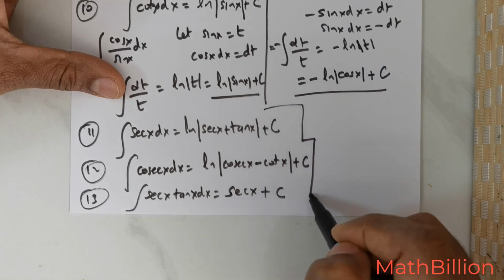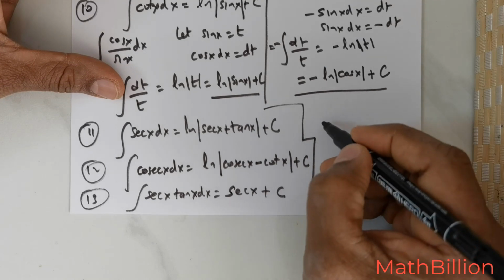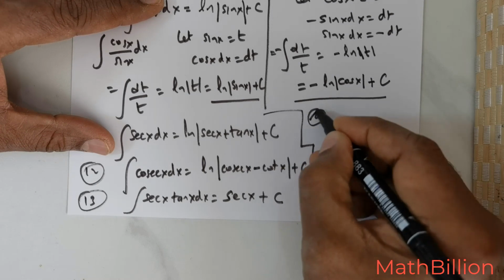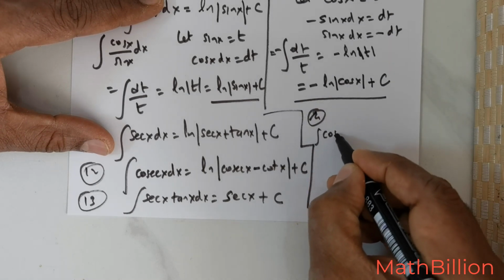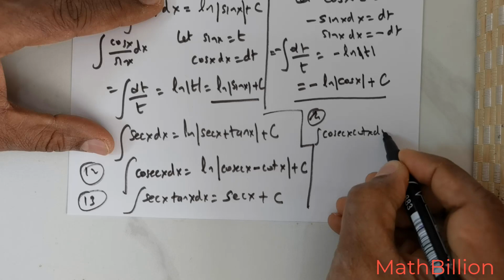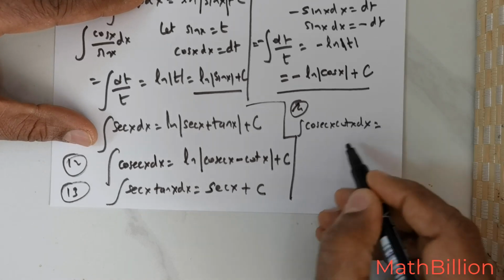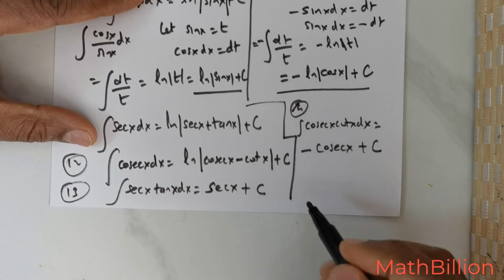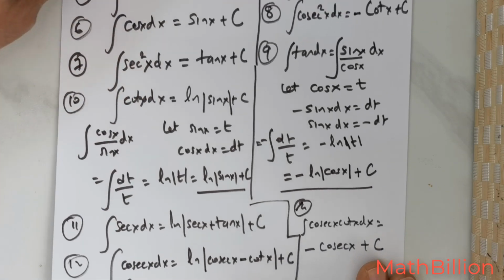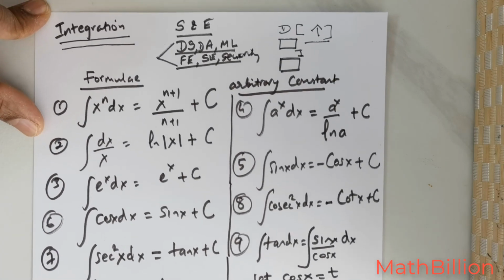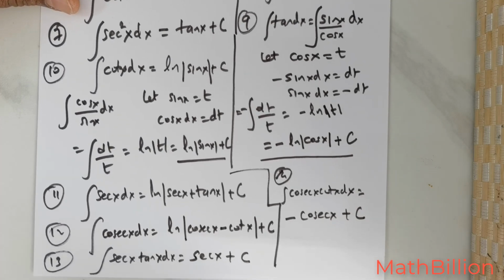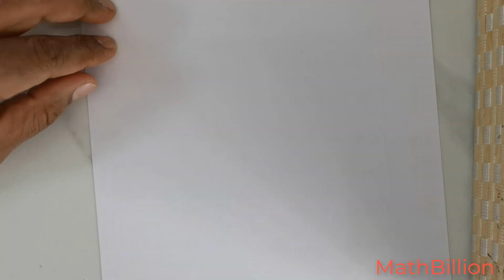Now let me move on to formula number 14, integral of cosecant x cot x dx. This is equal to negative cosecant x plus arbitrary constant c. So I've given you 14 formulae over here, and after these 14 formulas, let me flip the page and give you the other set of formulas too.